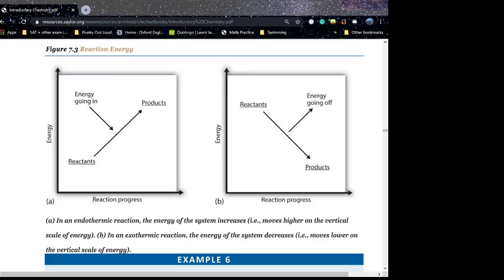Stop picking the color. Okay, it's really looking like an uphill battle for the reactants. Oh my goodness.